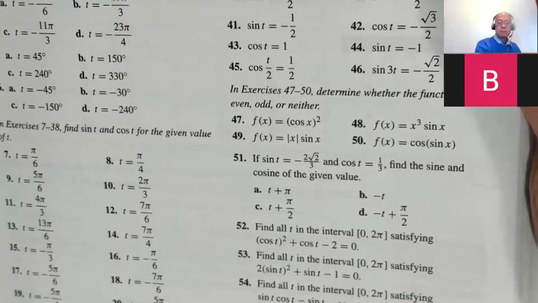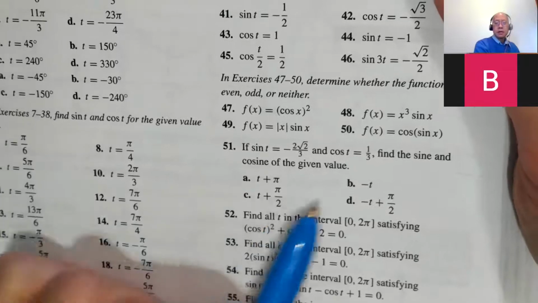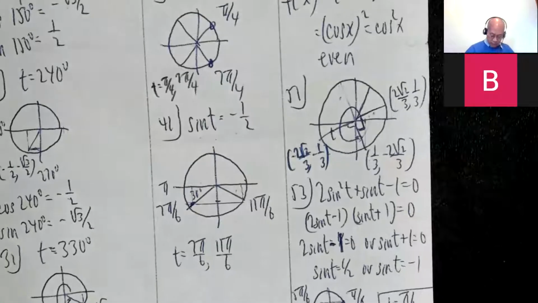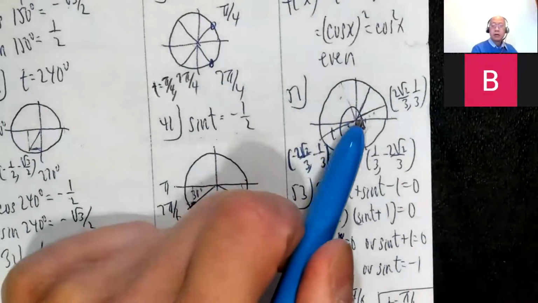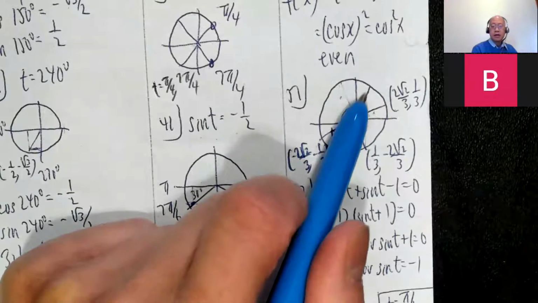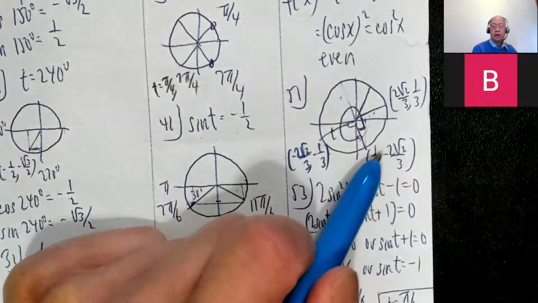It's reversed in sign. B, negative pi. Negative t. Well, that lands me here. Just make them both positive. So 1/3 comma 2 radical 2 over 3.